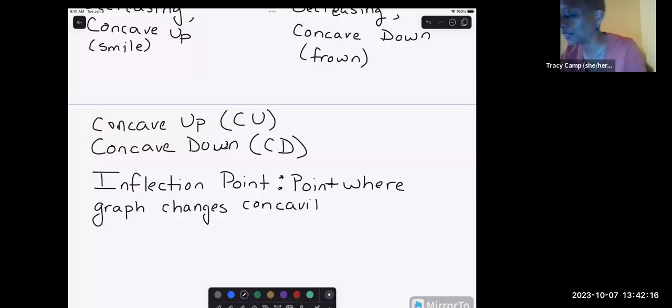So that means it changes from concave up to concave down, or vice versa.